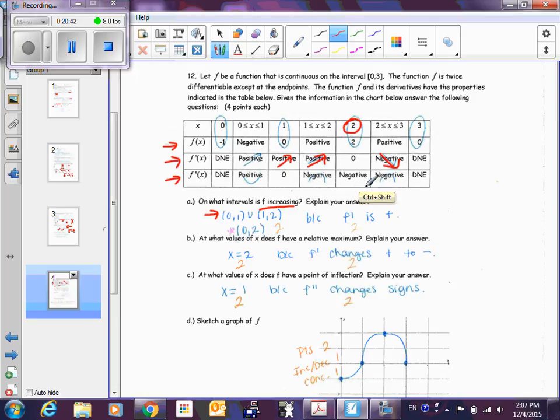Justification though, you've got to use F prime. You got to use calculus in your justification. Your because statement should always be because F prime blah blah blah, or because F double prime something something. Okay, point of inflection was when F double prime changes signs, and that only happened right here at x equals 1.